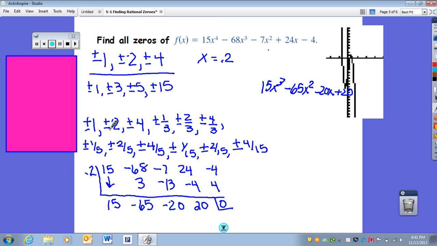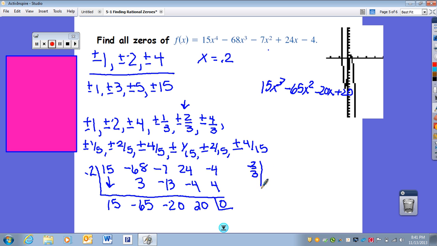Possibility could be 2/3. We could try 4/5, that's a little bit closer, and it looks like these 15s wouldn't be quite there. Why don't we take a look at negative 2/3 and see if that would be a possible solution. So let's try synthetic division with negative 2/3.